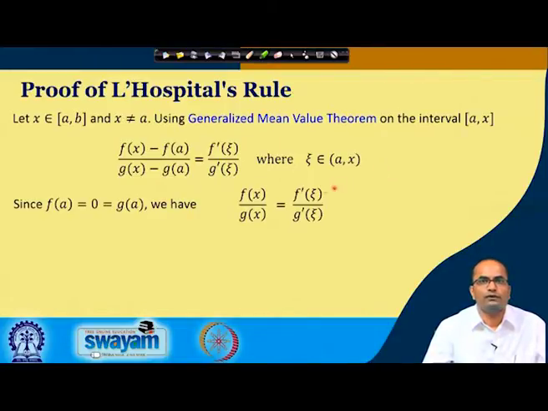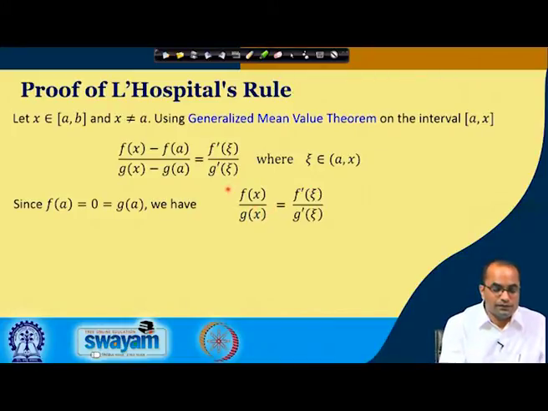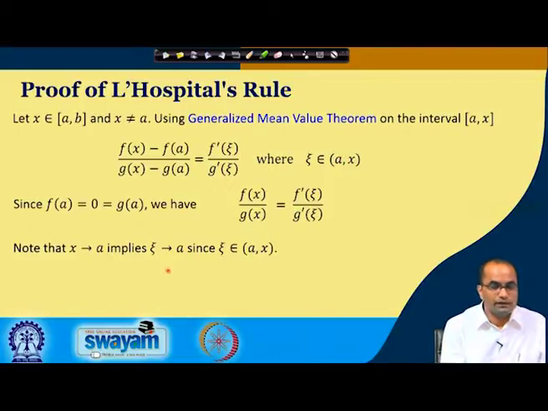Now you note that if we take the limit as x goes to a, since this xi belongs to the open interval a to x, if x goes to a, naturally xi will also go to a.